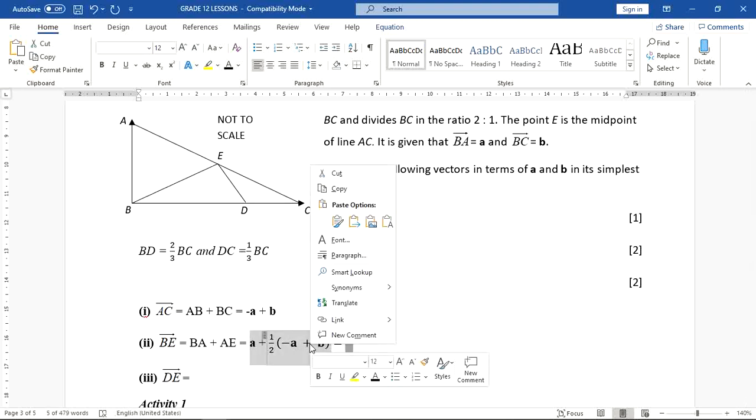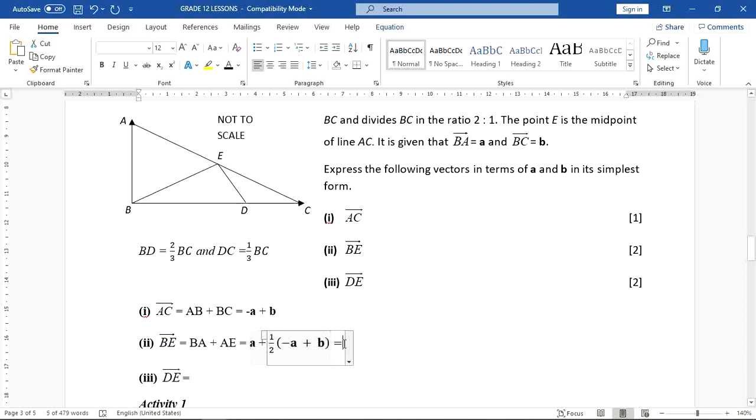I don't want to retype because retyping will take up our time. I paste, and then this is going to be minus half an a, and then plus half a b.